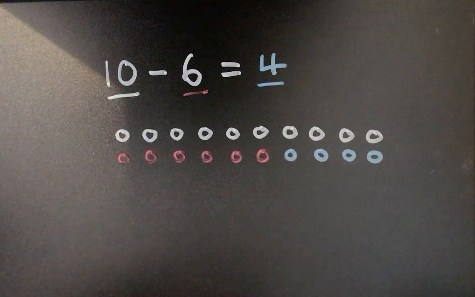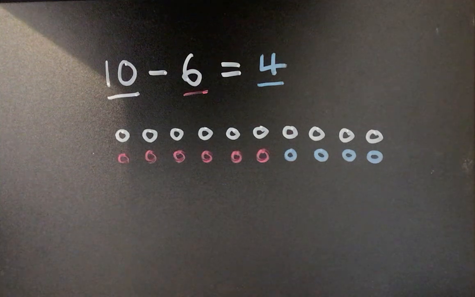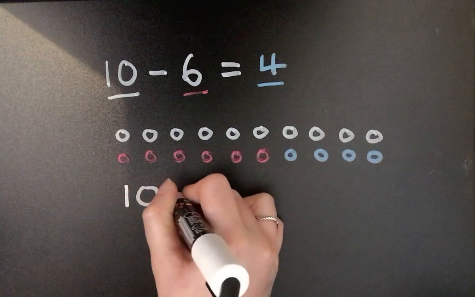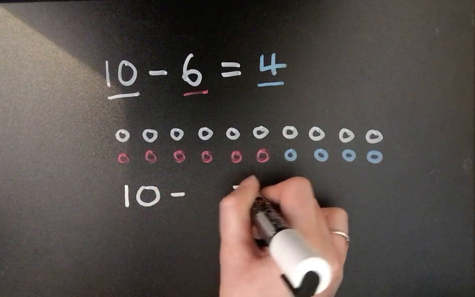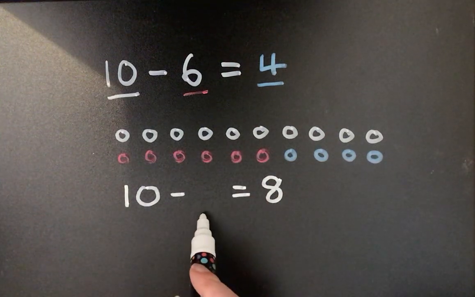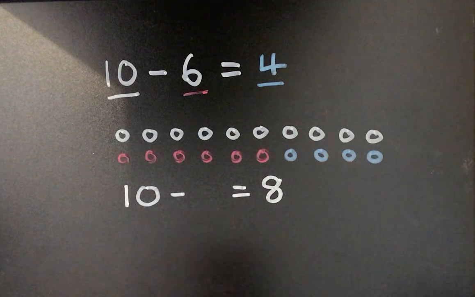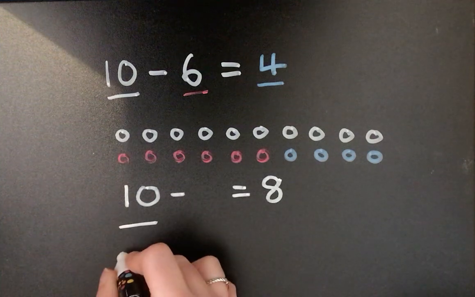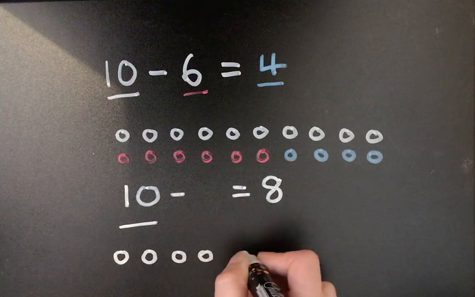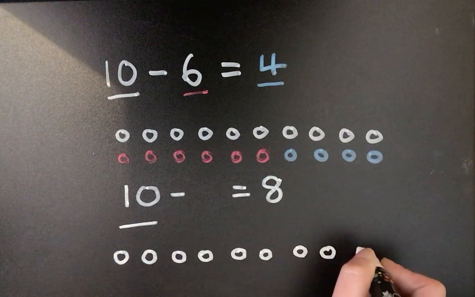Let's try another one. Now, I could also have questions where they look like this, and I don't know what this number here is. I would work that out in a similar way. So I'd start off with my 10 dots. 1, 2, 3, 4, 5, 6, 7, 8, 9, 10.